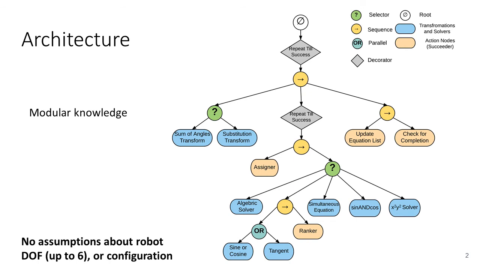Because IKBT explicitly uses common knowledge that engineers use when solving inverse kinematics problems, such as trig identity or the method of determinants, rather than relying on tricks for specific kinematic configurations, IKBT can solve most serial chain robot arms without assumptions of configuration or the degree of freedom. And because human knowledge is encoded as leaves, this modularity makes it easy to extend and modify IKBT's toolbox.